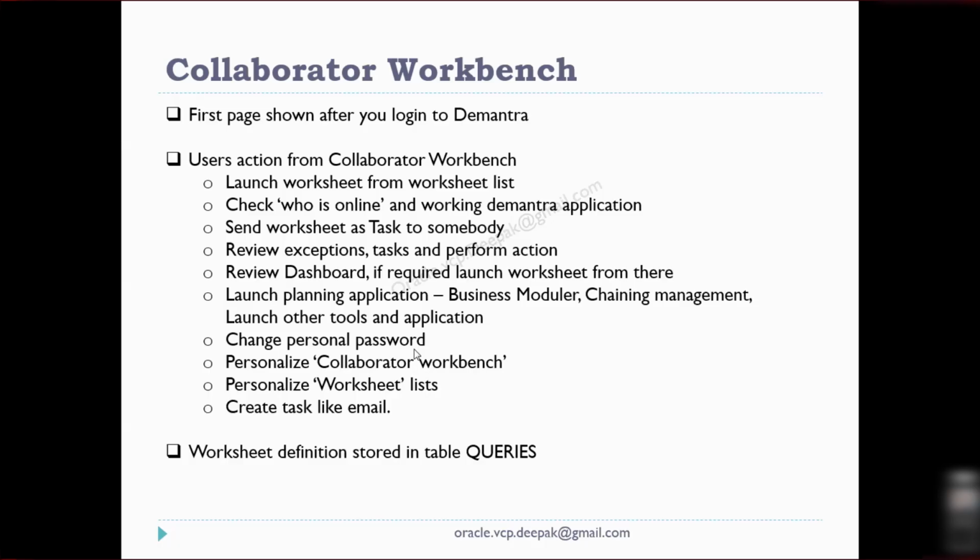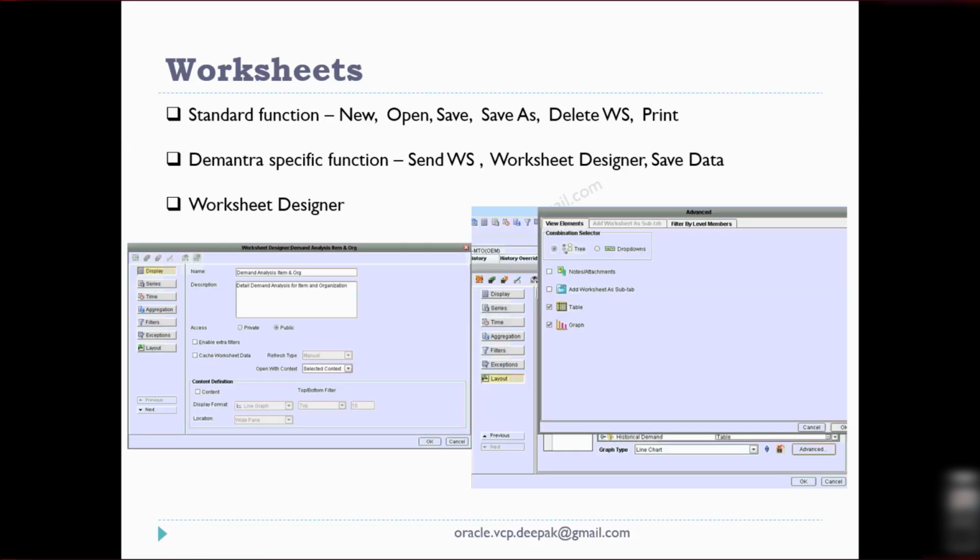Like you can send one email to your colleague or your manager, and that email is nothing but a task. It's a kind of email which you can send from collaborator workbench. And then worksheet definitions are stored in the queries table. So these are the things which we can do in the collaborator workbench.